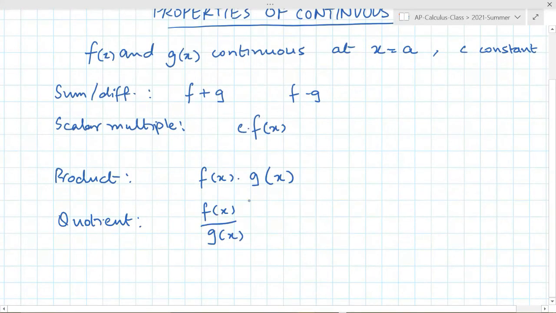Quotient f over g is continuous if g of x is not equal to 0. Okay, and we're talking about at x equals a. So if we know about f and g being continuous, then we can make new functions by combining them in different ways, and those are also continuous according to these properties, right?